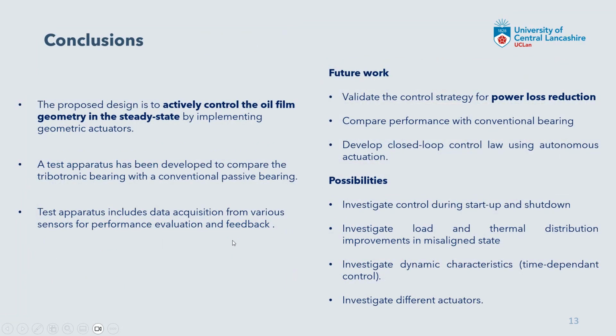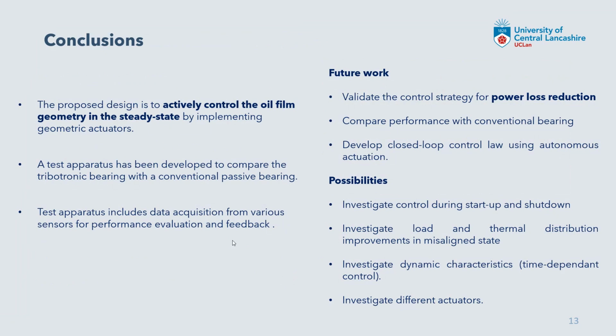Finally, to conclude, the proposed design is to actively control the oil film geometry, just looking in the steady state at the minute, just looking at reducing power losses using geometric actuators. The test apparatus has been developed to compare this novel tribotronic bearing with a conventional passive bearing.